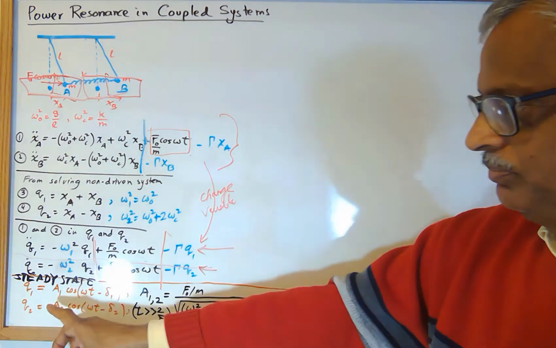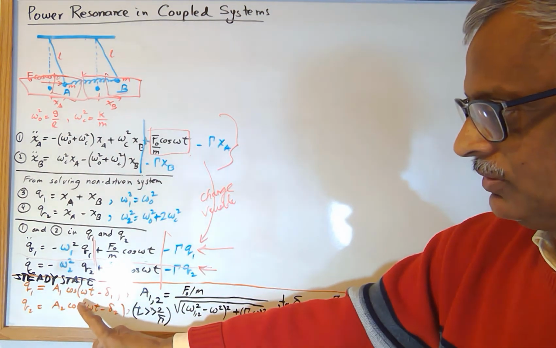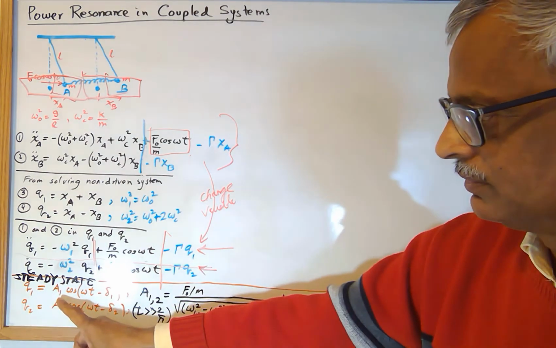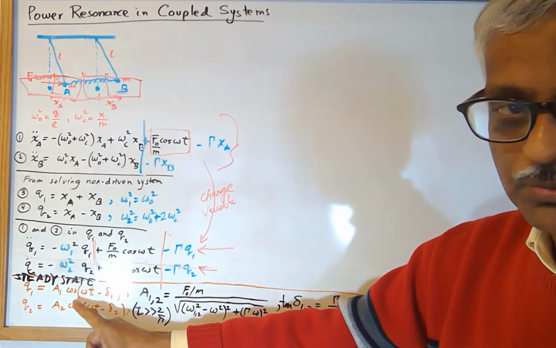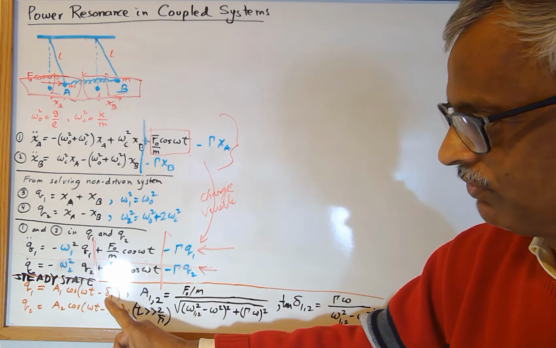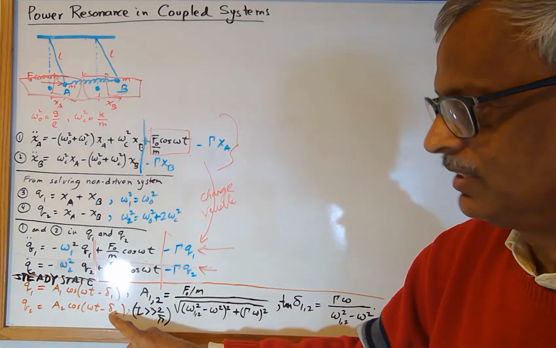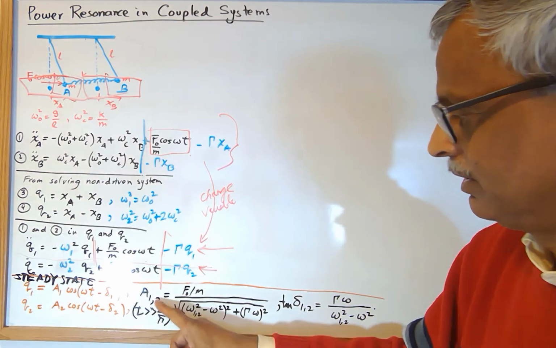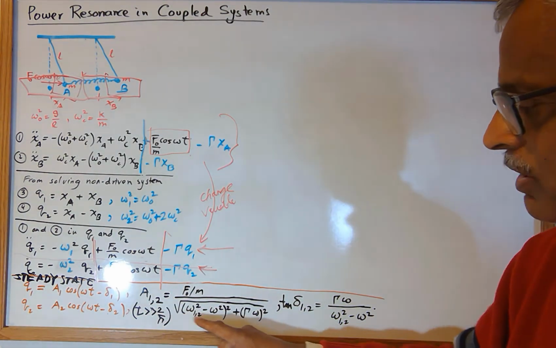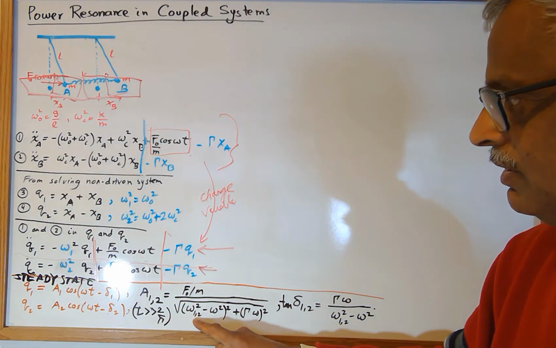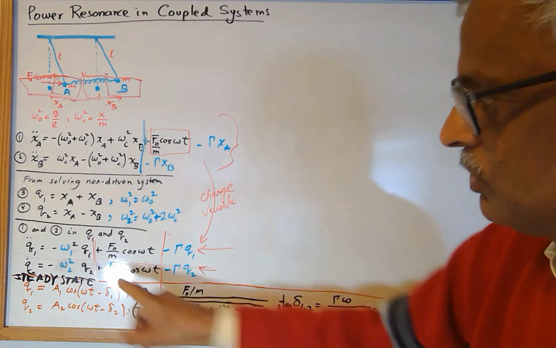Okay, so in the steady state condition, Q1 looks like, I can write elastic and absorptive, but I can also write amplitude and phase lag. I can write amplitude and phase lag for this guy, and I can write a common formula for both of them. So this is where the 0 used to be.